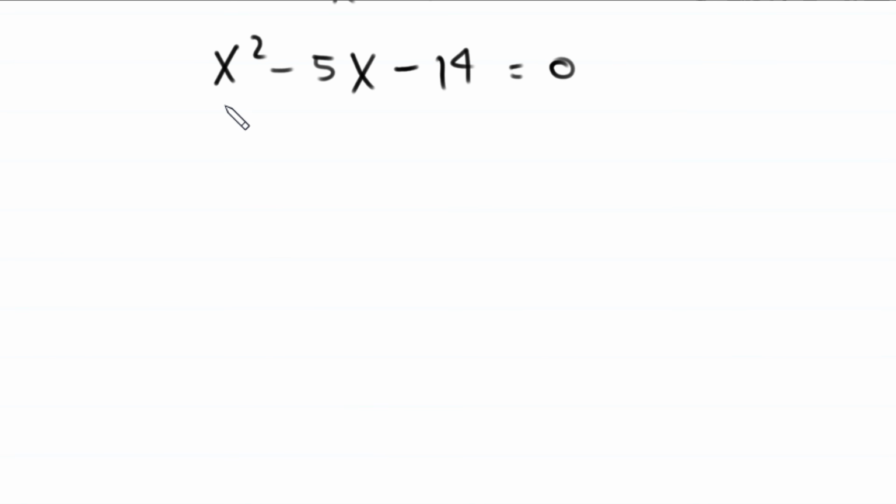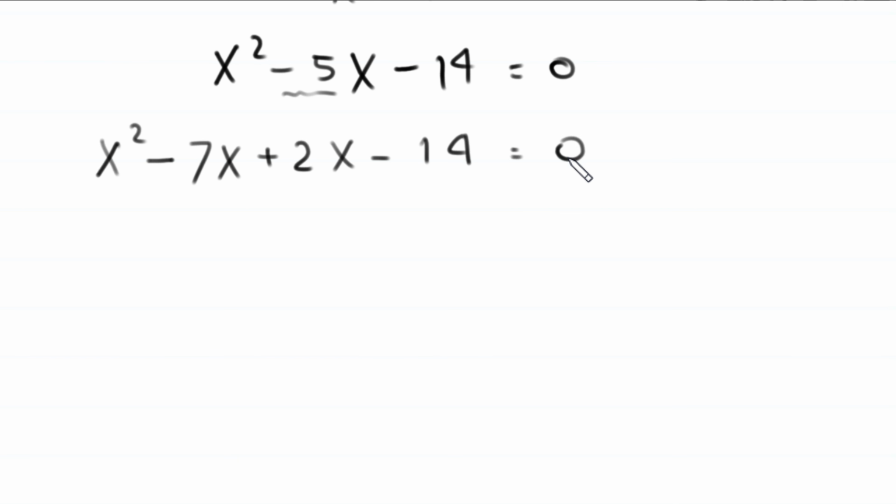Now this is a quadratic equation and is factorable. We write this x squared. Break this negative 5x into two terms, negative 7 times x plus 2 times x minus 14 equal to 0.